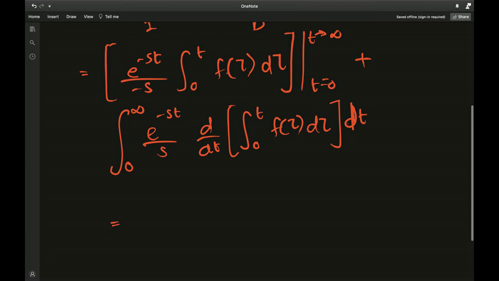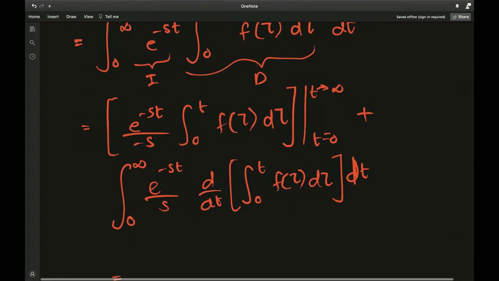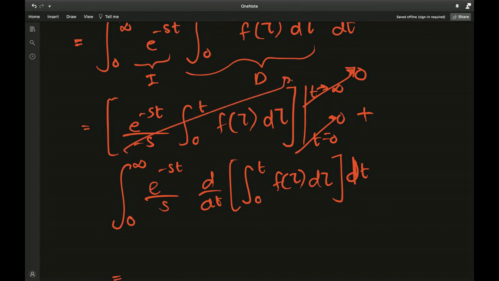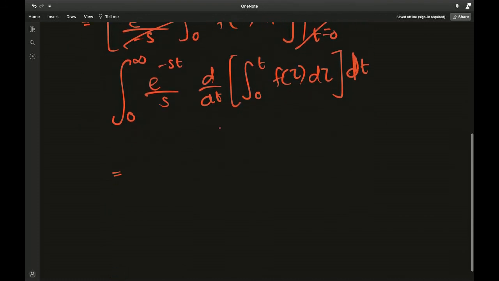So irrespective of what the integral from 0 to infinity of f of tau d tau turns out to be, because nothing decays like an exponential, everything will go to 0 at the upper bound. At the lower bound, we have the integral from 0 to 0. By the fundamental theorem of calculus, that is 0. Brilliantly 0. So everything has just gone away. We don't need to worry about that anymore.